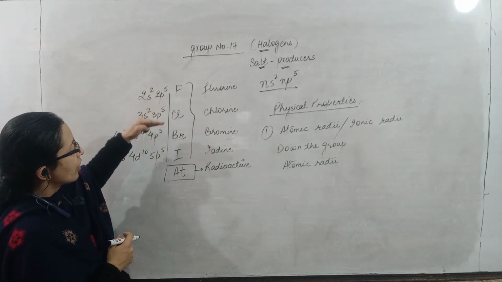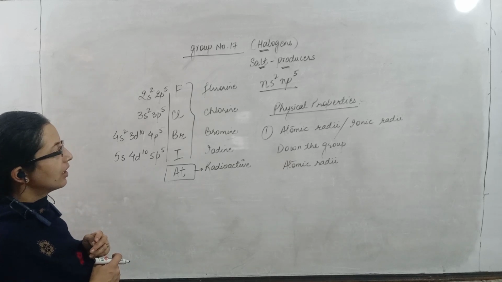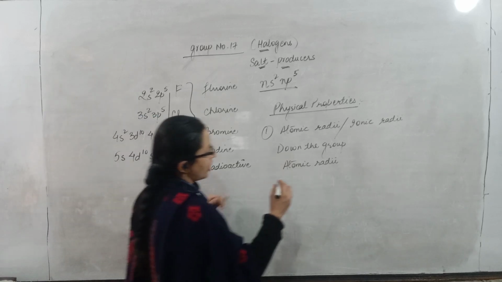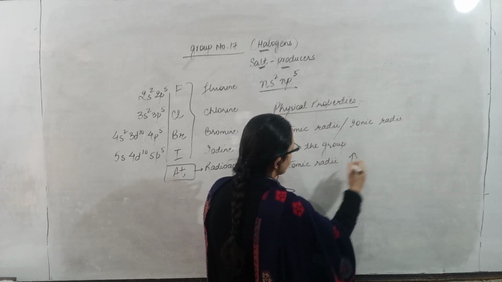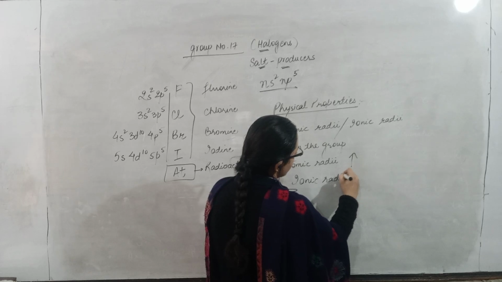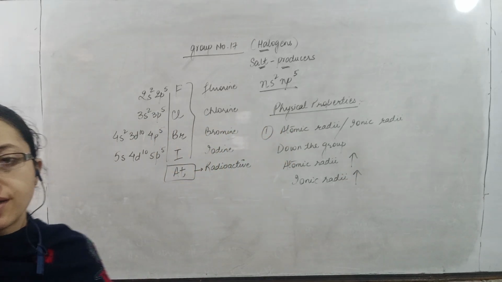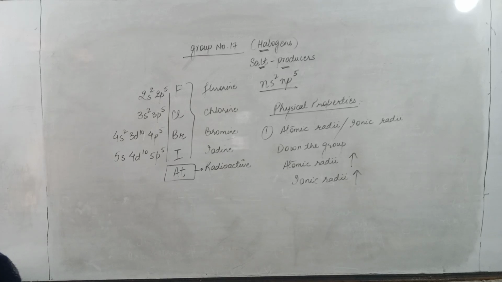So fluoride, chloride, bromide, iodide, there's a regular increase in the ionic as well as the atomic radii. The usual reason that we give is the addition of shells. Because of the addition of shells, the atomic and the ionic radii increase.